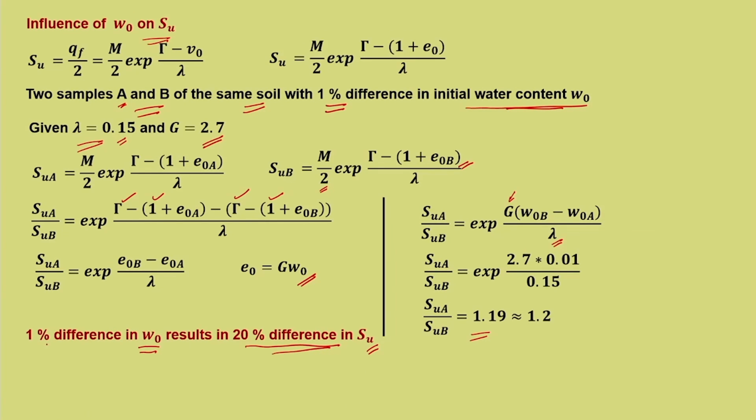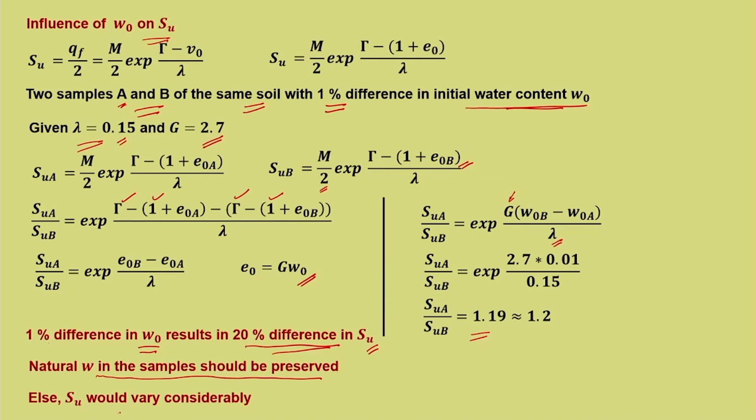So, a very small difference in W naught will be a glaring difference in SU. So, natural water content in the samples should be preserved as far as possible. When we are doing sampling from the field, it is very important, that is why it is told that it has to be packed properly, and hence we can preserve the natural moisture content or field moisture content as it is.